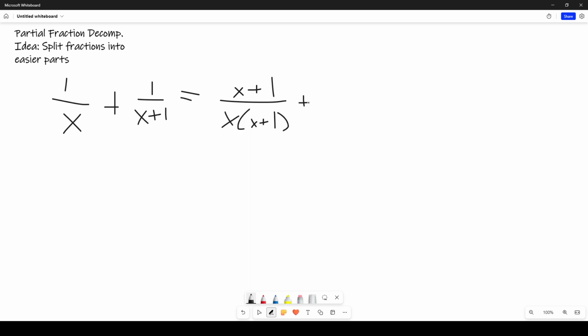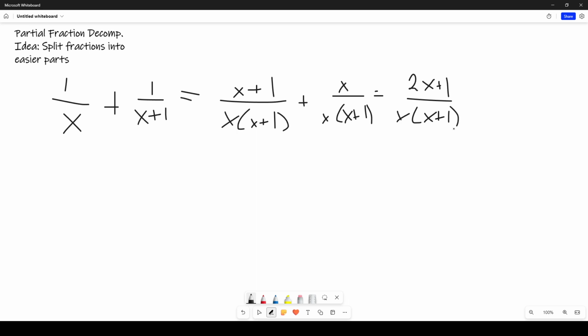Then multiply 1 over x plus 1 by x on the top and the bottom, of course, to get x times x plus 1. And now you can simply add across and you get 2x plus 1 over x times x plus 1. This is something you all know how to do, and it's called finding a common denominator.